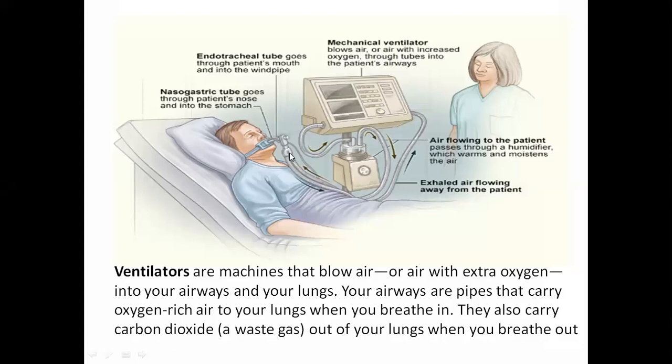Here you have the endotracheal tube, which goes through the patient's mouth and into the windpipe, and the nasogastric tube, which goes through the patient's nose and into the stomach. This is the exhale air flowing away from the patient, and this is the inhale.